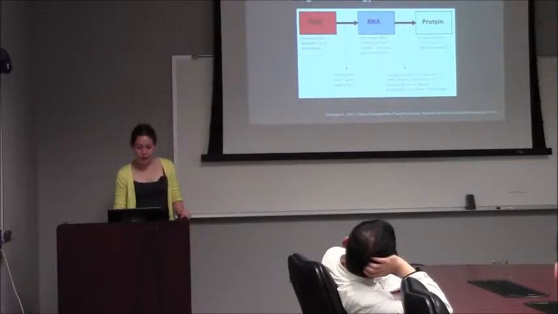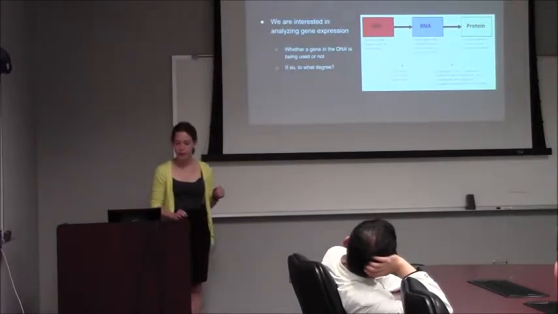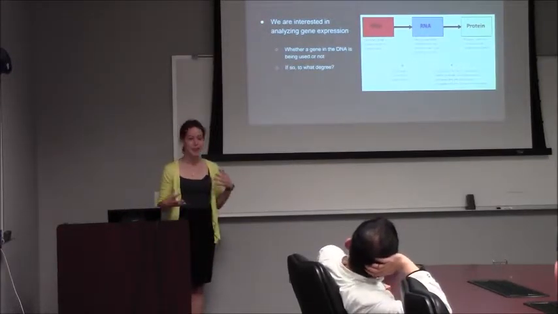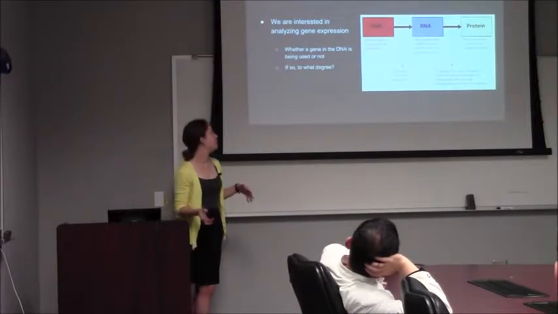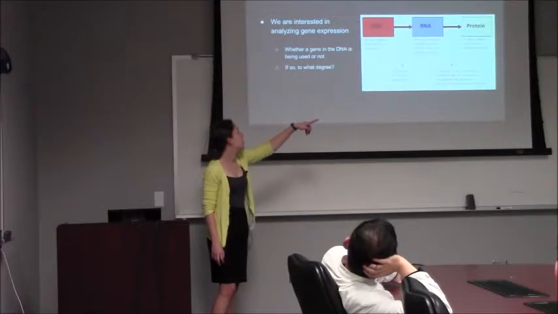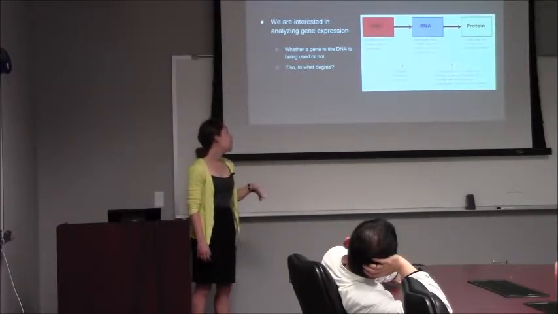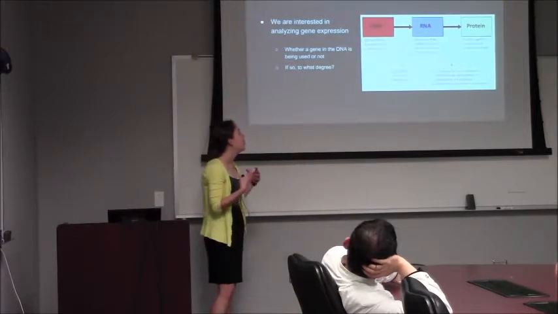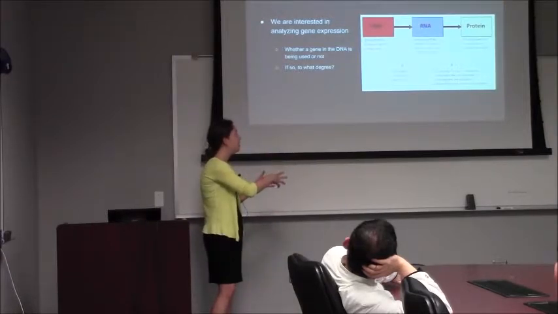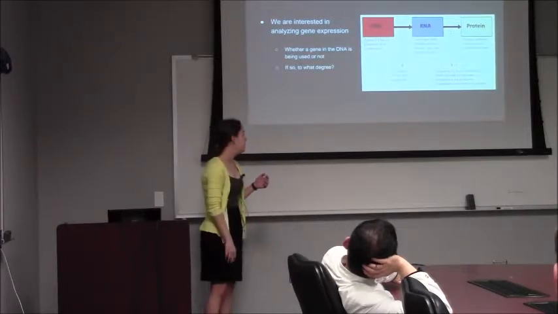So when we're looking at RNA-seq data, what are we trying to measure? What we're looking at is this DNA to RNA step. We want to analyze the gene expression. What I mean by that is how parts of the DNA, the genes, are used to make a functional product in the end.